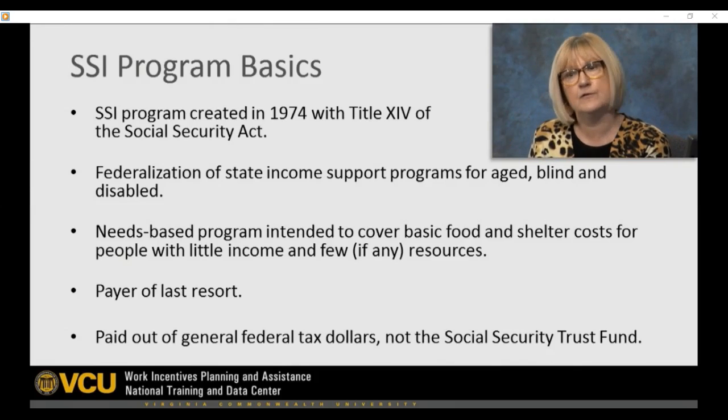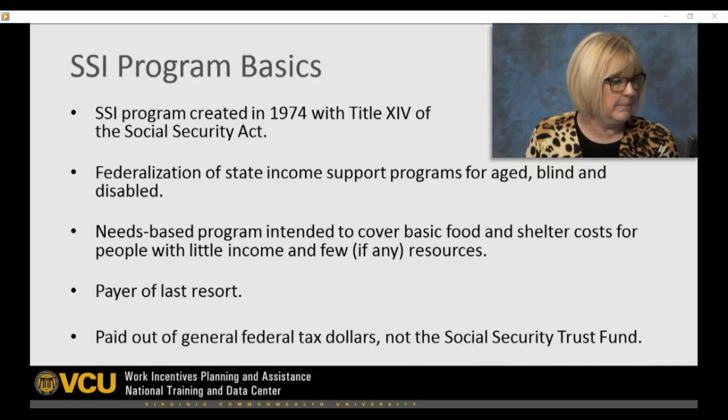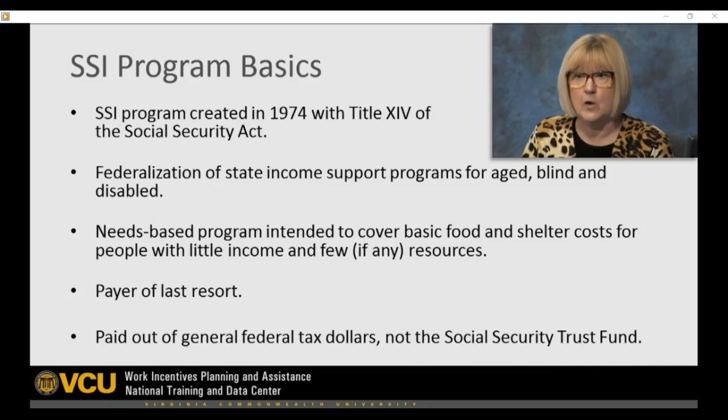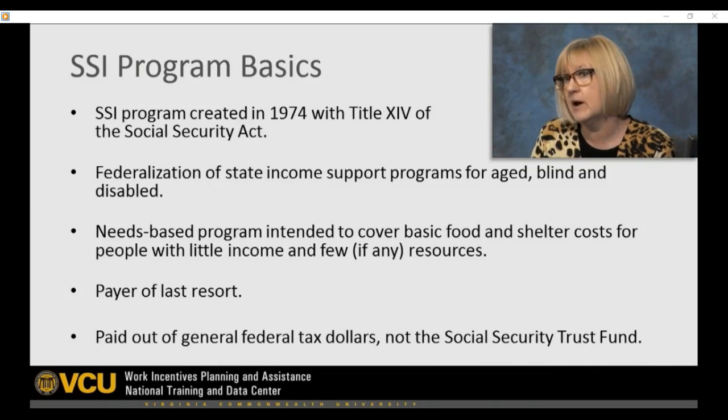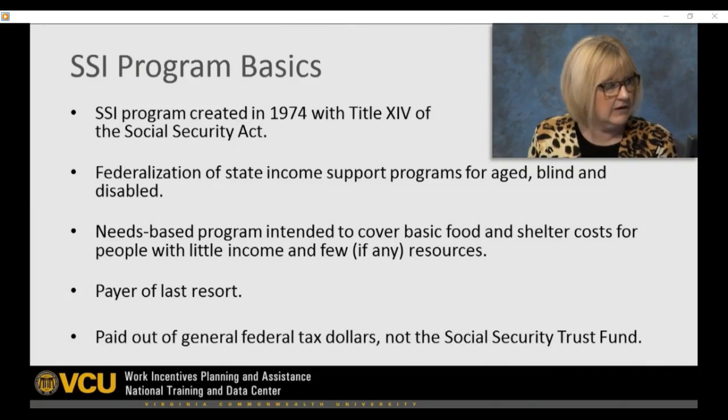Get that processed first, then come back to the Social Security Administration and they'll determine your eligibility for SSI based on that. And again, the funds that go into that monthly benefit come out of the general federal tax dollars, right? The general fund, not out of the Social Security Trust Fund, which is funded by those FICA contributions. Remember that chunk out of your paycheck every month.